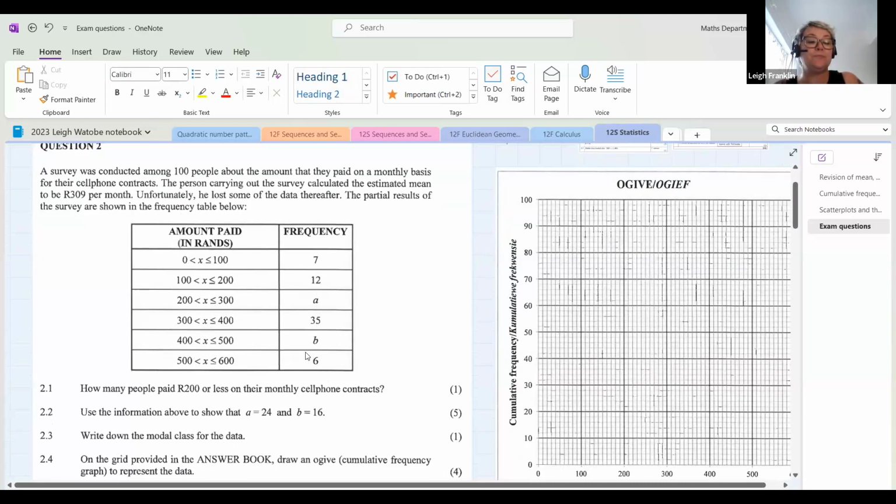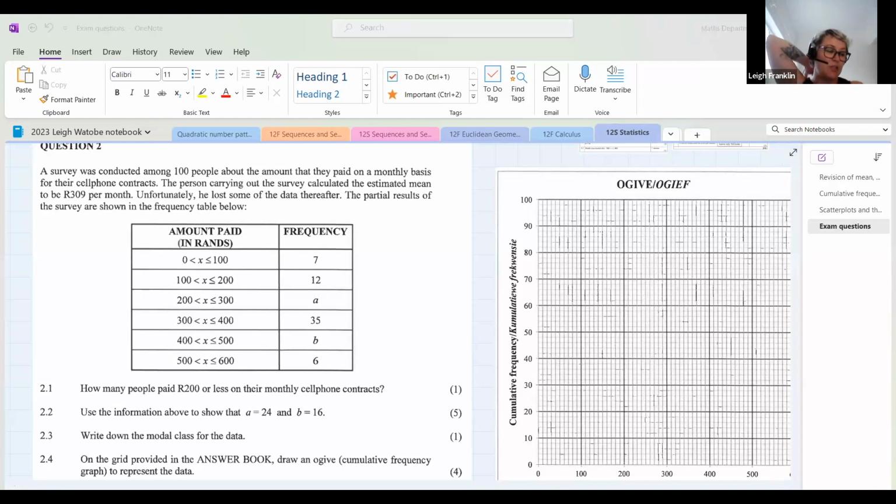Okay, so the first question asks us, how many people paid 200 Rand or less on their monthly cell phone contracts? Remember, this is the whole thing about the ogive, that it allows us to work out how many people paid less than a particular amount.